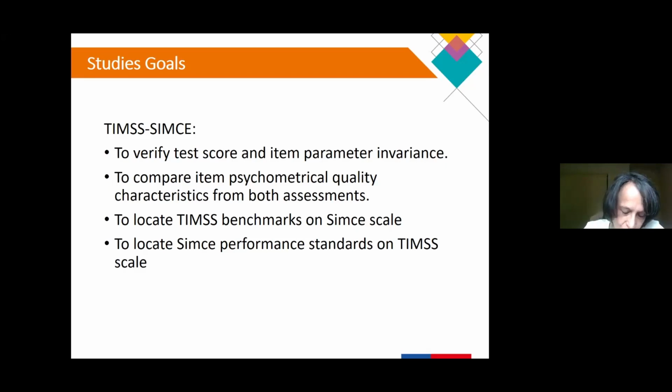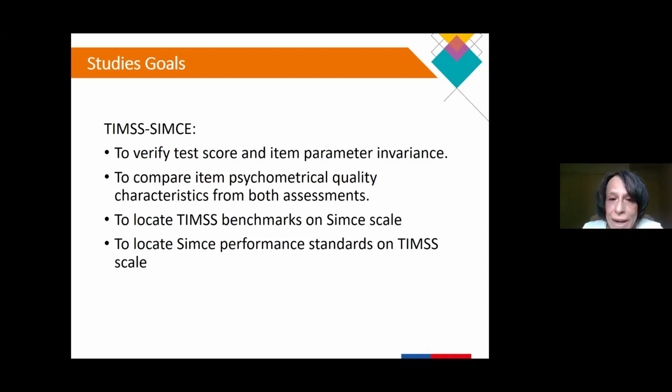So there is always the question about whether there is really invariance in terms of the student scores and the parameters of the test, so we can really apply those tests to our population.